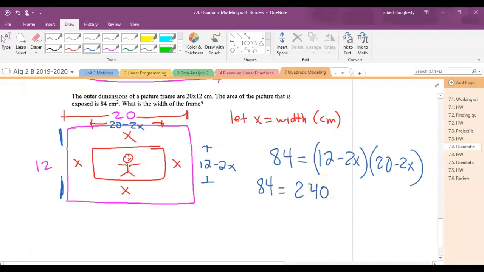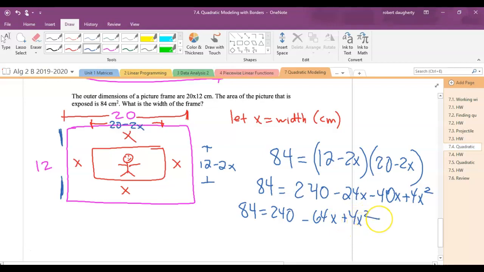That's 20 times 12. And I'm going to have minus 24x minus 40x plus 4x squared. Did I do that right? So 12 times 20, that's 240. So this gives me 84 equal 240, and it's what? Minus 64x plus 4x squared.